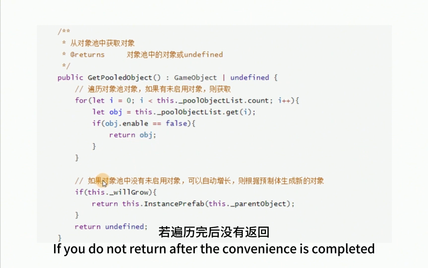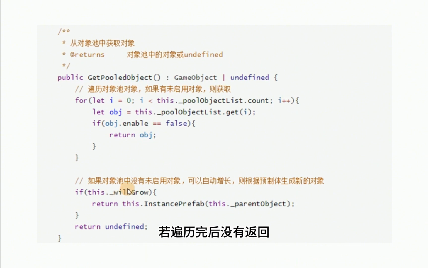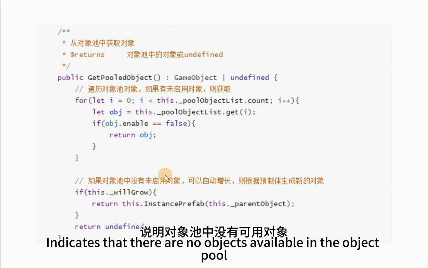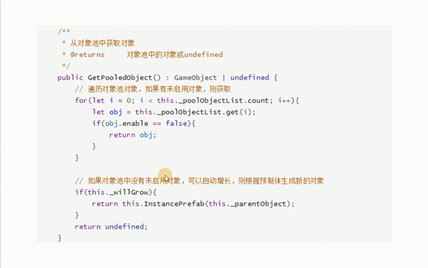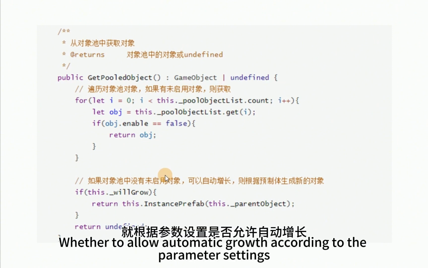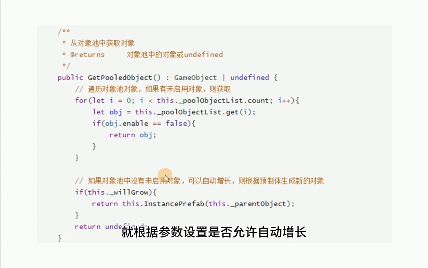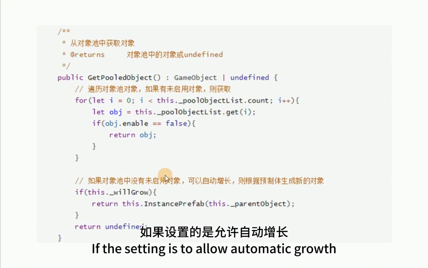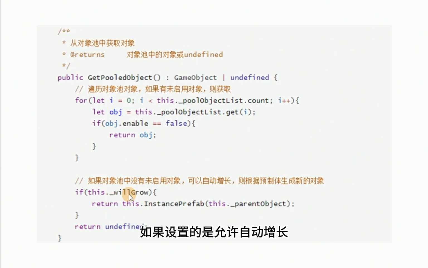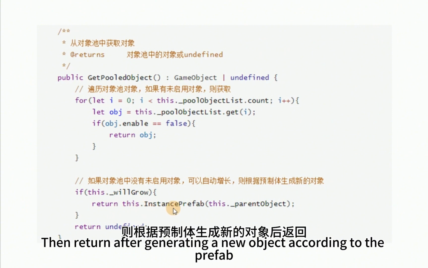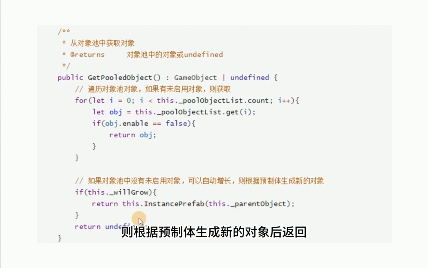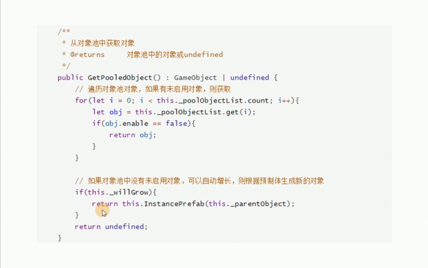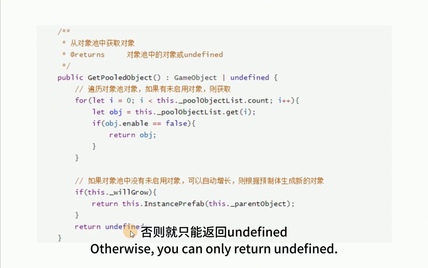If it does not return after the traversal is completed, it indicates that there are no objects available in the object pool. At this time, according to the parameter setting of whether to allow automatic growth, do the corresponding treatment. If the setting allows automatic growth, then return after generating a new object according to the prefab. Otherwise, you can only return undefined.